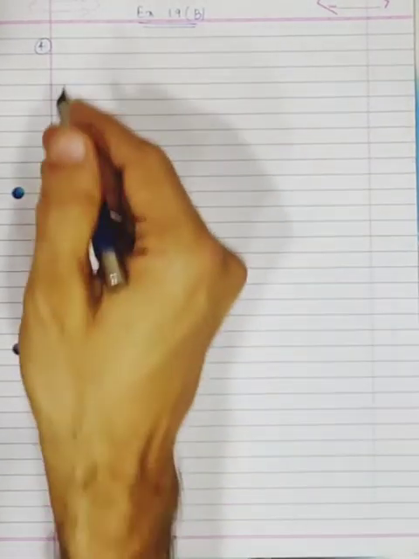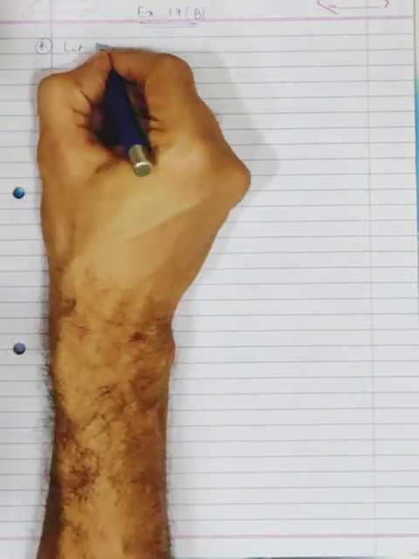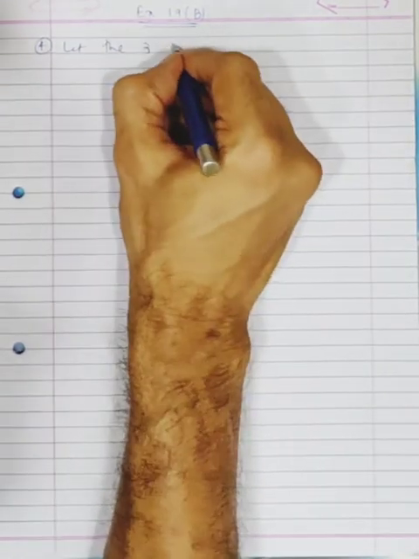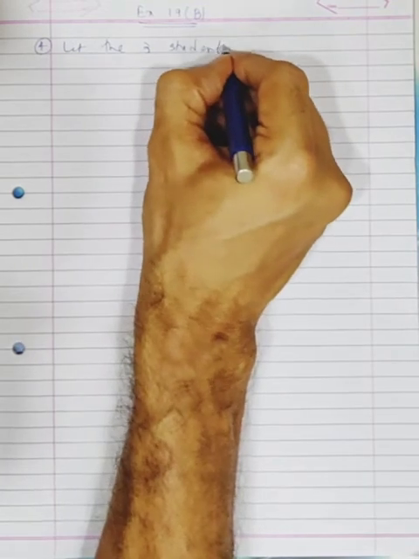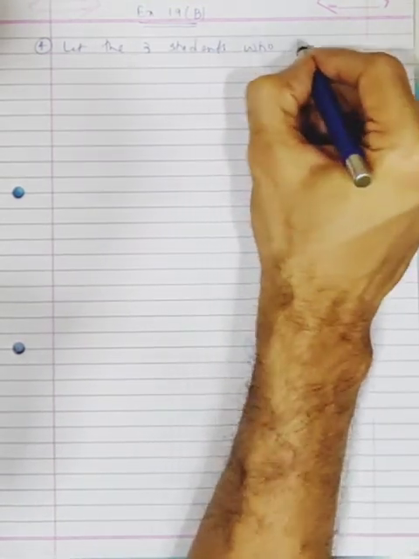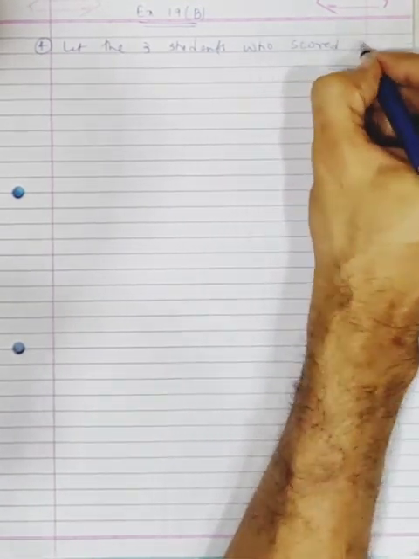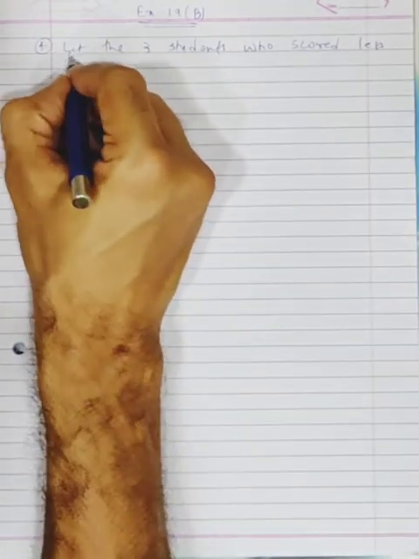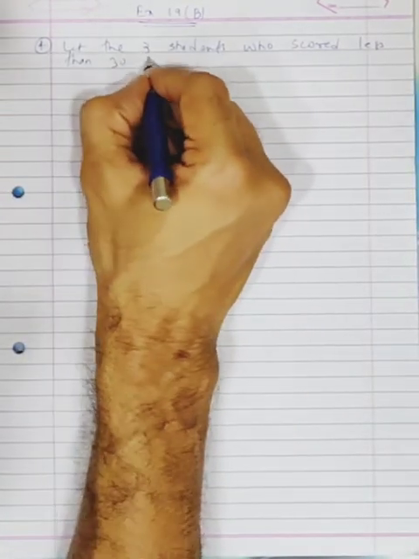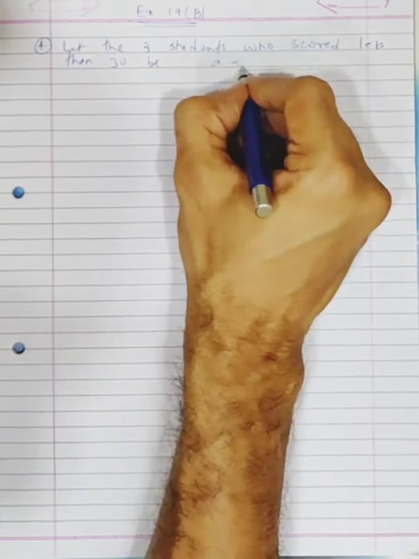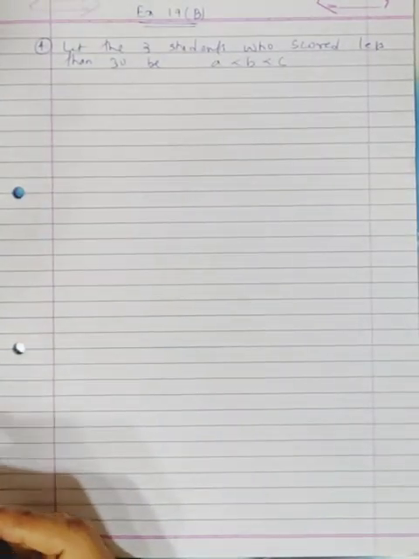marks. So let the 3 students who scored less than 30 be A less than B less than C. Okay, so these are the numbers.